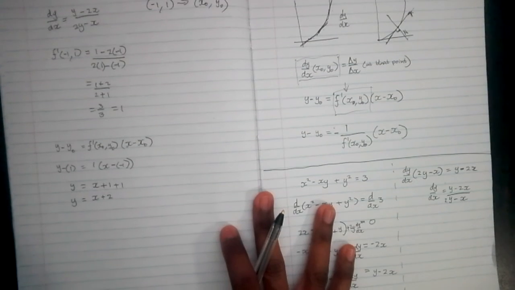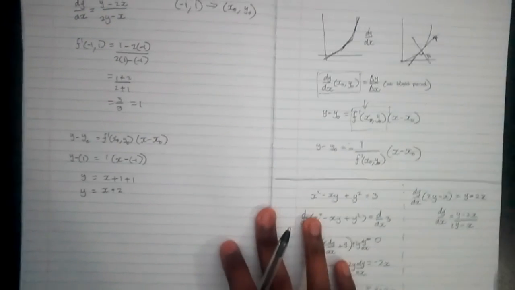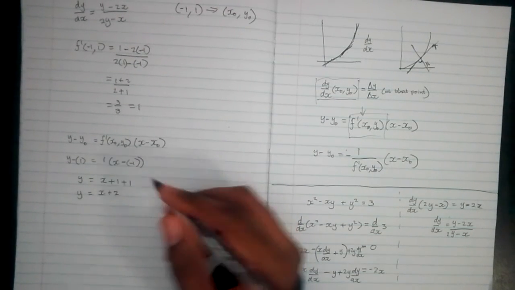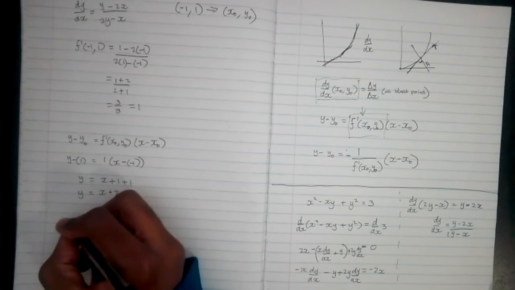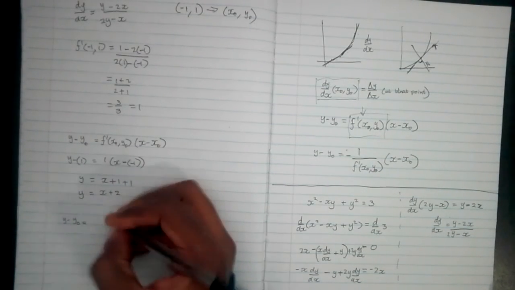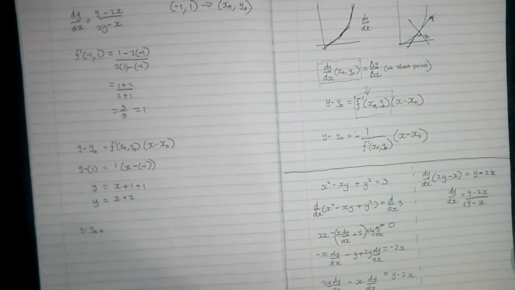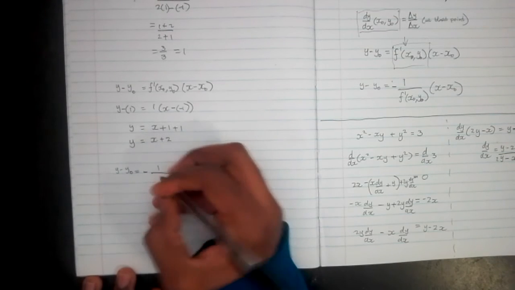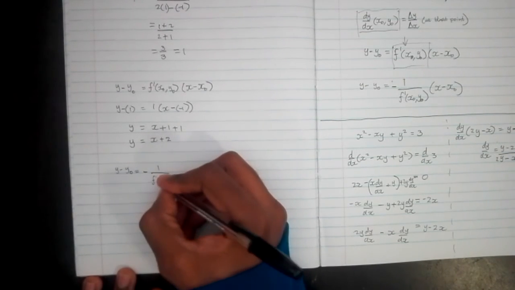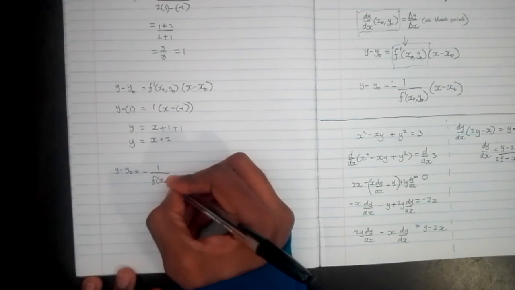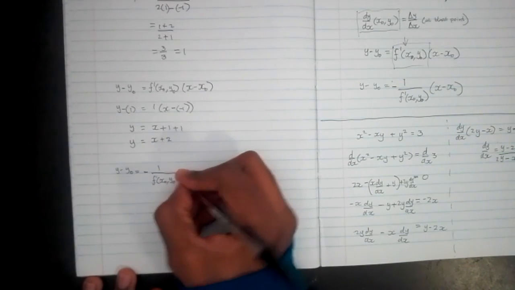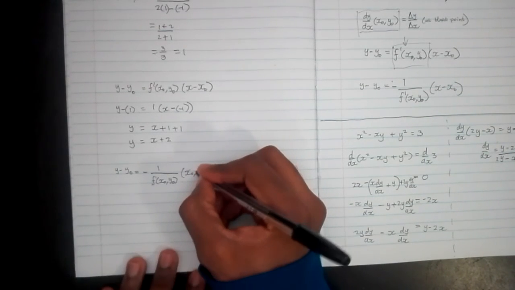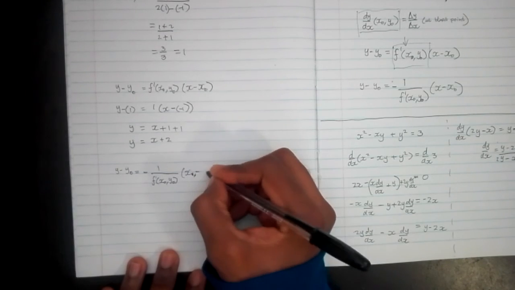If we're told to find the equation of the normal line, we need to know that the gradient of this equation is now equal to minus 1 over f prime (x0, y0). That's the only difference. This was x, that's x0.